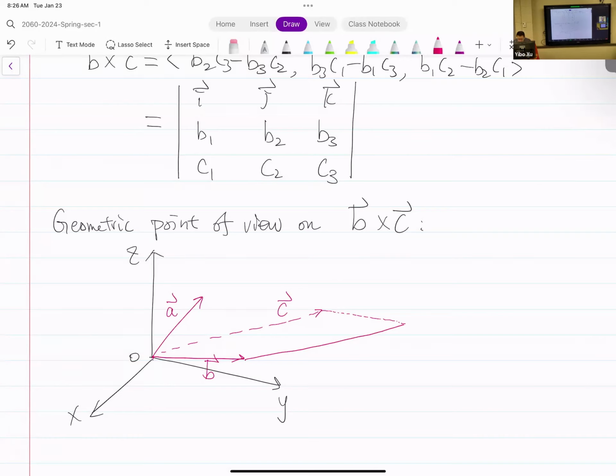Okay, so let's call the head of B capital B, a point in the space. And then this point is capital C, right? And this is the point D in the space. Now that's only the bottom side of what's called a parallelepiped. And then we have a vector A, right? So that will give us a few more faces. One of them is the one in the front.